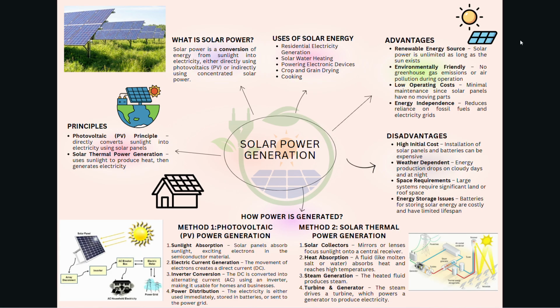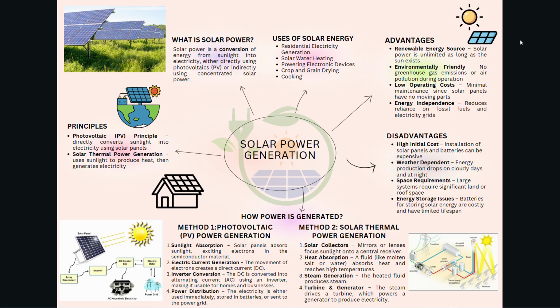And then I will talk about the disadvantages. The first disadvantage is high initial cost. Installation of solar panels and batteries can be expensive. And the next is weather dependence. Energy production drops on cloudy days and at night. It means that if there is no sun or it's raining, we cannot produce any solar energy.